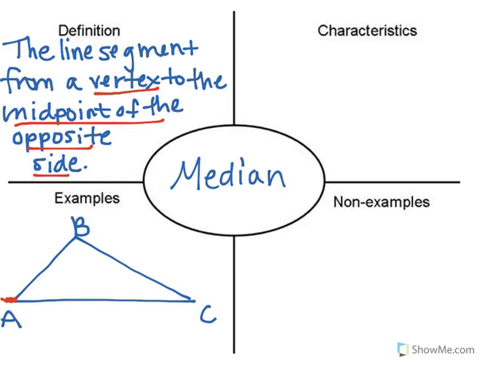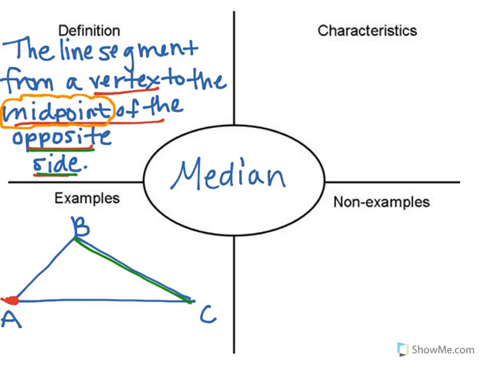From the definition, we have to go from vertex A, so we start at vertex A and go to the opposite side. Well, first we should figure out what is the opposite side of this vertex. The opposite side is going to be the side directly across from the vertex, so that's going to be the side BC. But looking closer at our definition, we wanted to go specifically to the midpoint of the opposite side.